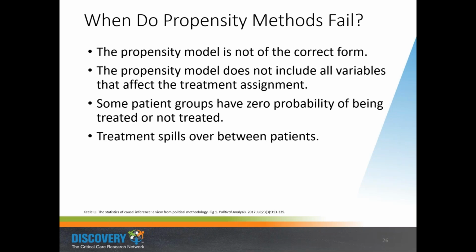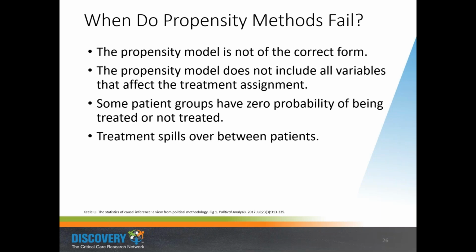So when do these methods fail? Well, of course, if the propensity model is not of the correct form, that is, you assume that the probability of treatment depends on some linear form of the covariates that you're measuring, but really there's a quadratic in there or some nonlinearity, then you're not going to get a good estimate of the propensity score, and you're not guaranteed to have this work. Of course, if you don't include all the variables that affect the treatment assignment, like I said, if you have any unobserved confounders, there are no guarantees.